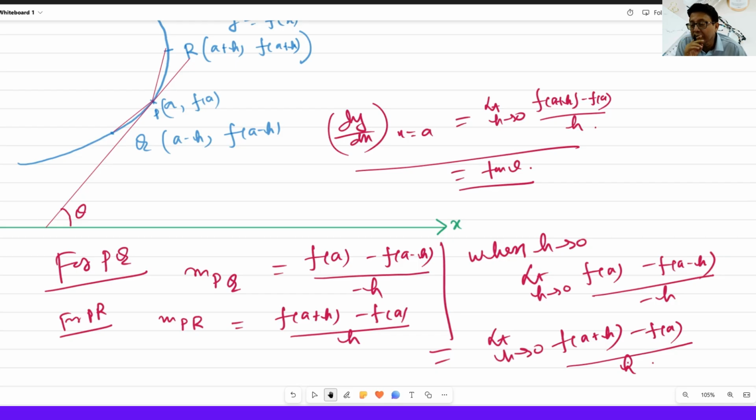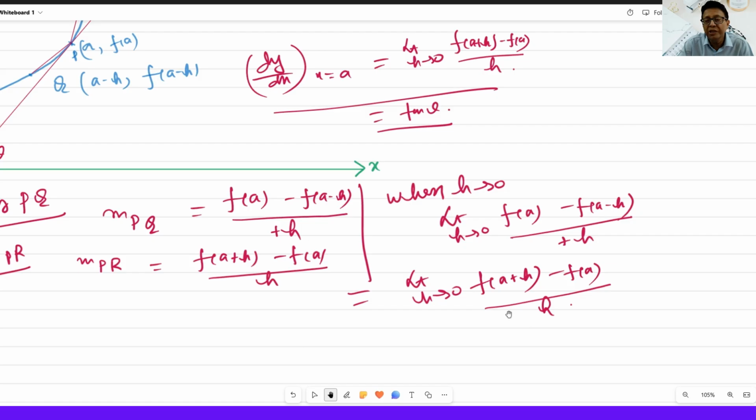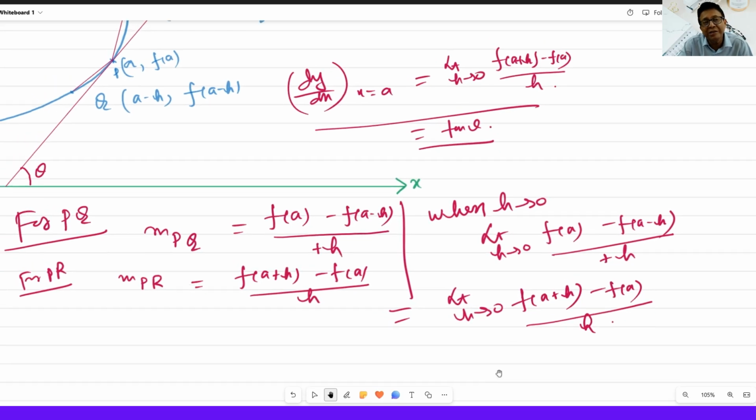They may be equal. These two must be equal. Just wait a minute. Probably I have made a sign mistake over there. This will be plus h, because you have written this minus this by this minus this. So it will be plus h. When h tending to 0, these two limits will be equal. For differentiability at the point a, we have seen that these two must be equal.